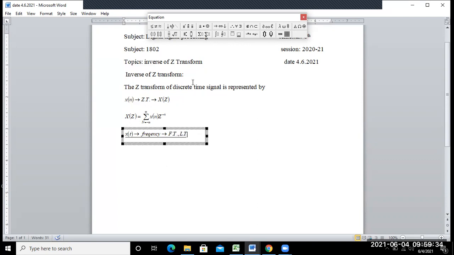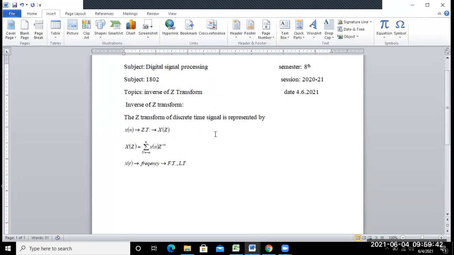xt is the continuous time signal and xn is your discrete time signal. So a discrete time signal is represented by xn in time domain.